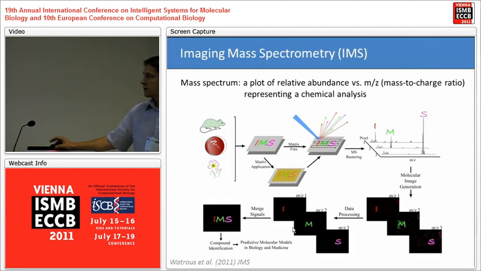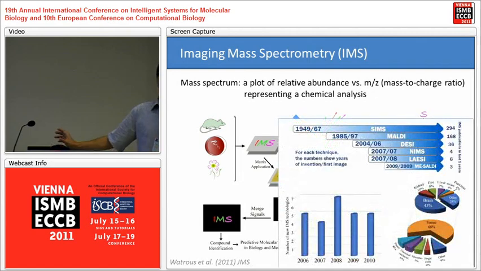And then we can do a lot of things to predict molecular models in biology, medicine, and so on. If you do not know about imaging mass spec yet, I encourage you to have a look at this review paper we have just recently got accepted in the Journal of Mass Spectrometry. So in principle, imaging mass spectrometry is a great technology.